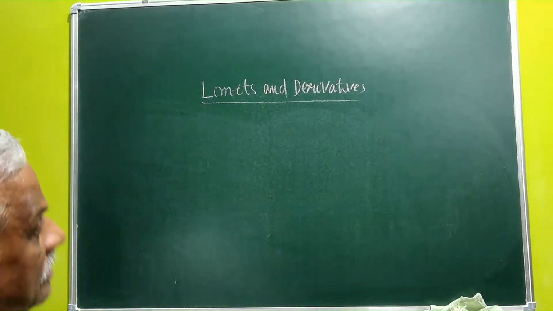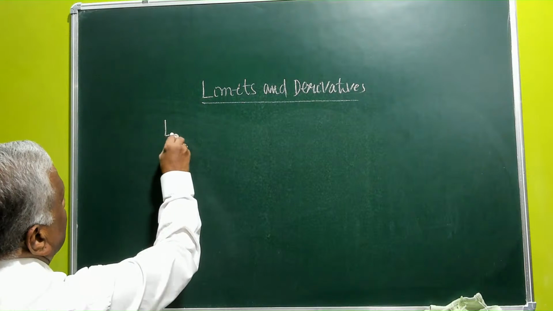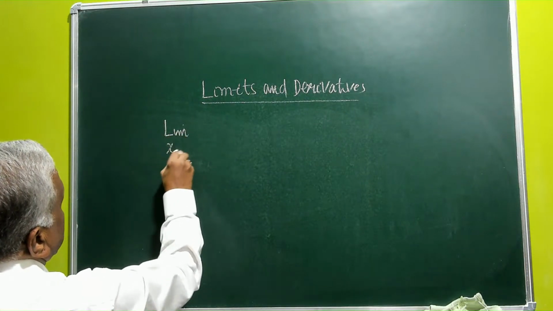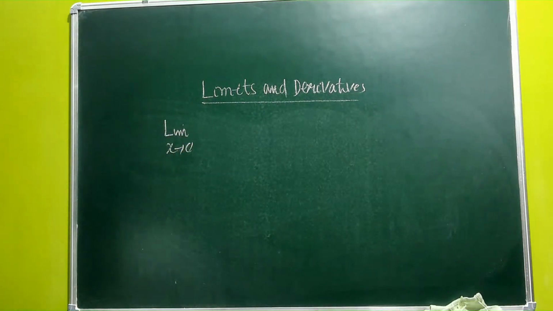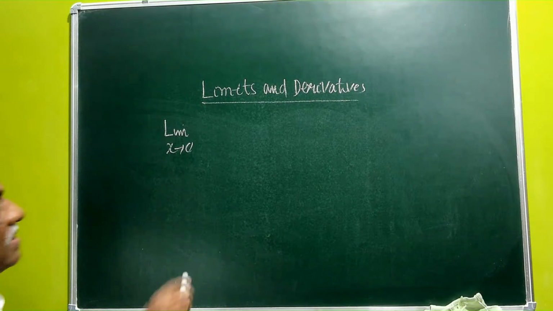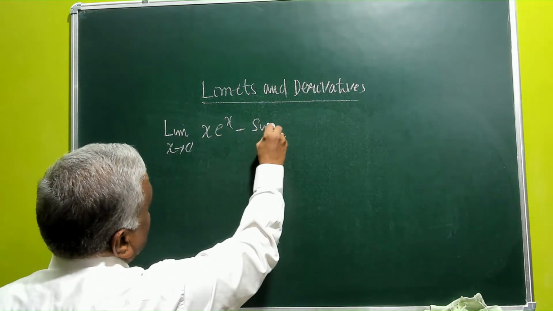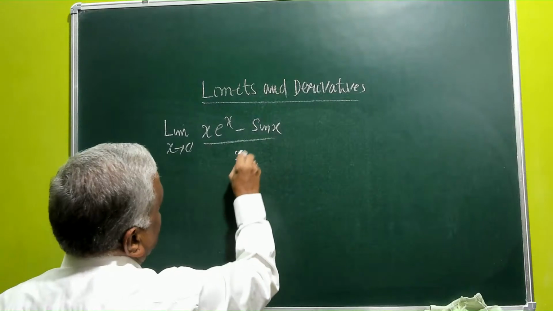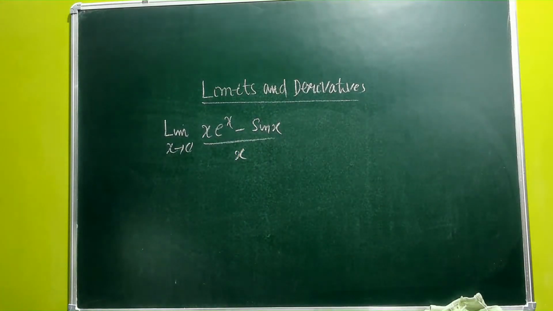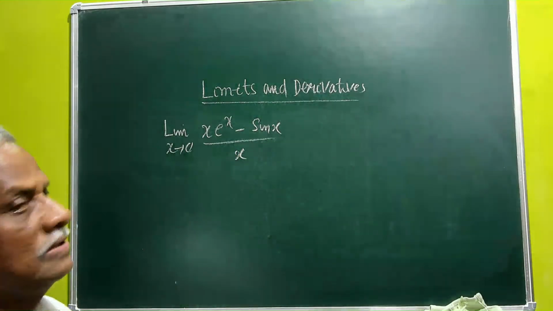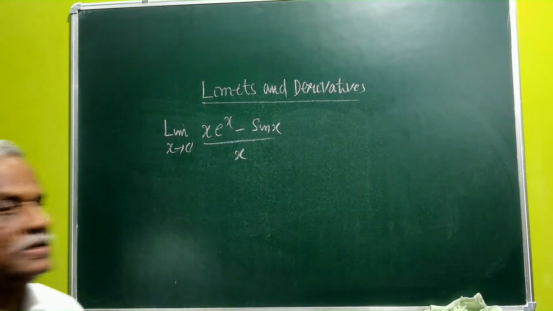The next problem is limit x tends to 0, x e to the power of x minus sin x by x. How to work this problem?